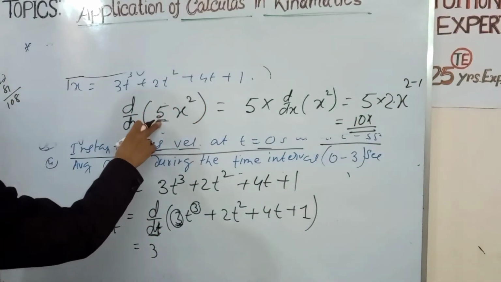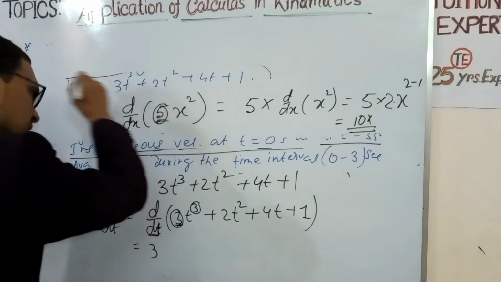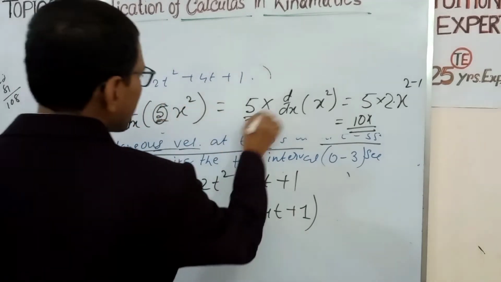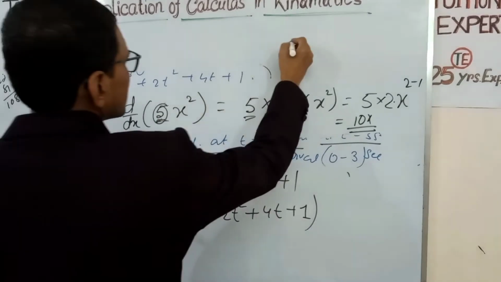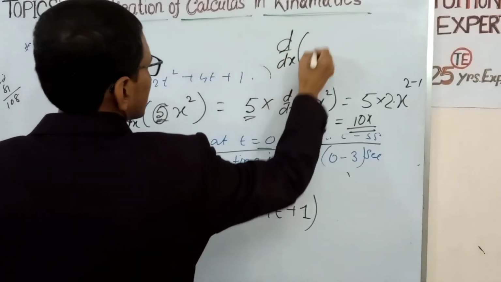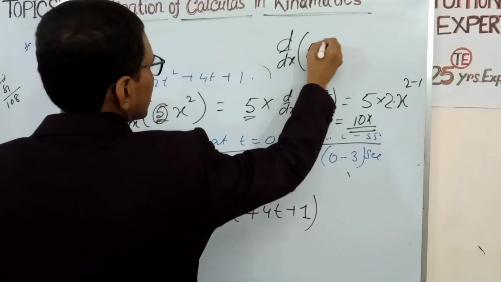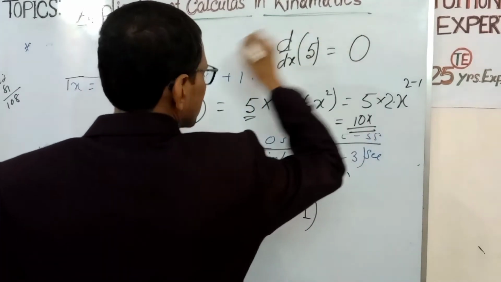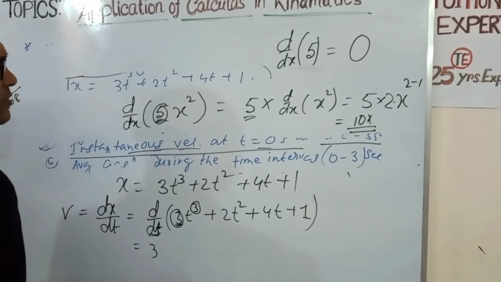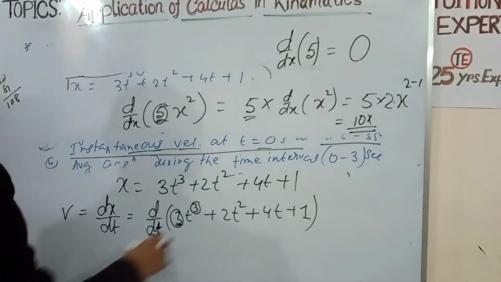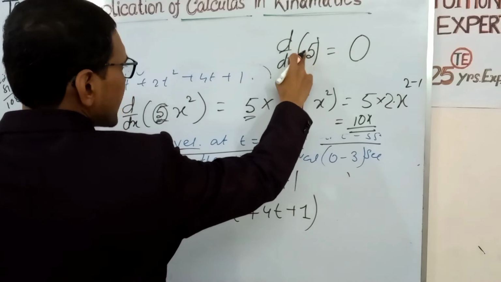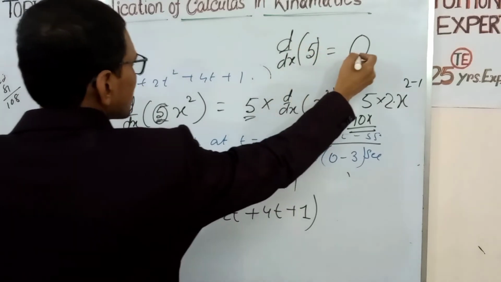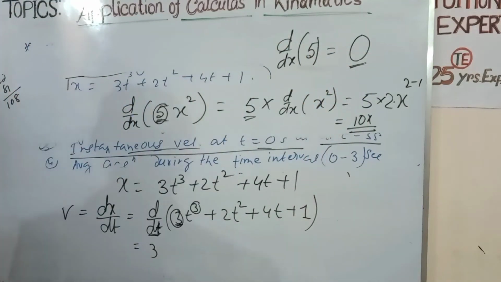If a constant term is present, it remains as it is, that is 5 remains 5. Now if it is only a constant term, that is 5 or 8 or any constant term, then its derivative equals 0. Suppose 8, 3, 4, half, any constant term, the derivative becomes 0.